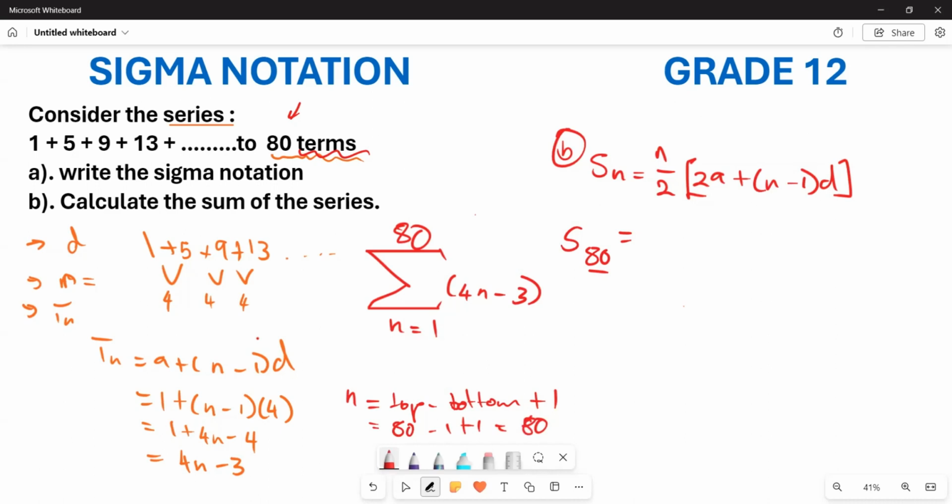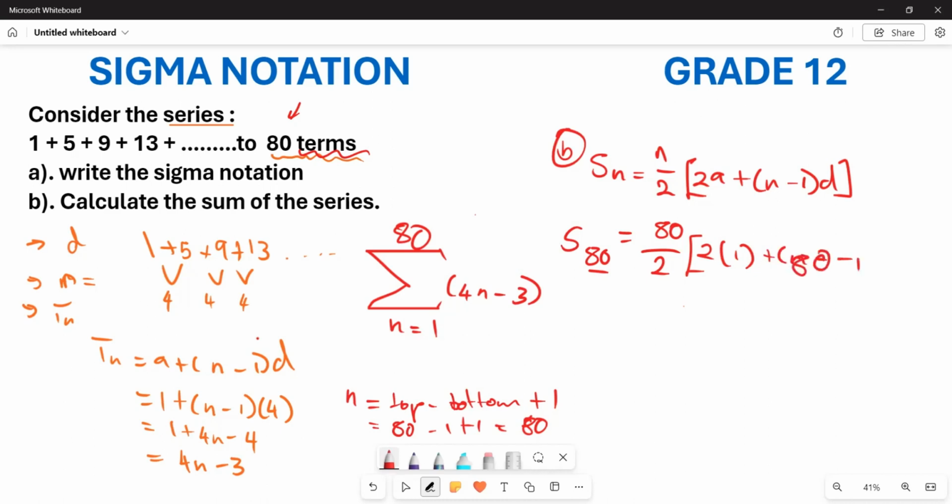And now, after calculating that, what is it that you're going to have? This is going to be the same as 80 divided by 2, into 2 open bracket, the value of your a, which is going to be given by the first term, then plus open bracket your n subtract 1, where your n is 80.